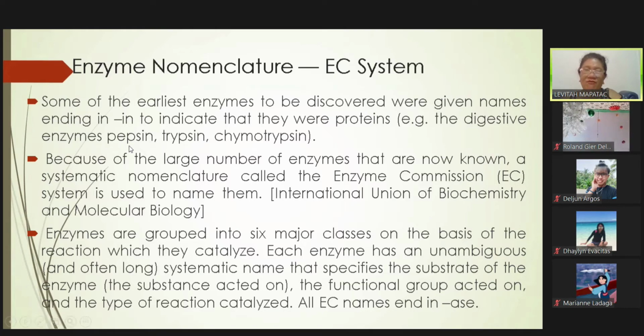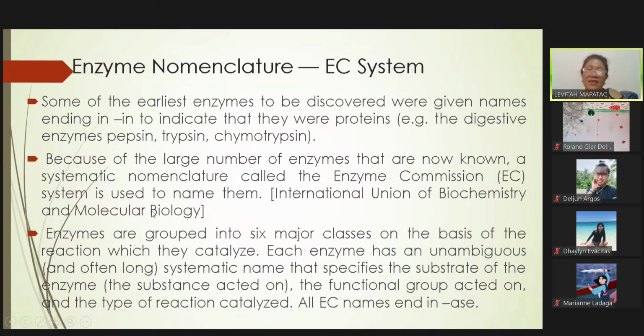For instance, the enzymes pepsin, trypsin, chymotrypsin. What makes them end with in? Because this indicates that they are made of or coming from protein. It's like in our organic chemistry, alcohol, all of its names will end with ol. So that is the early discovered enzyme, ending in in.